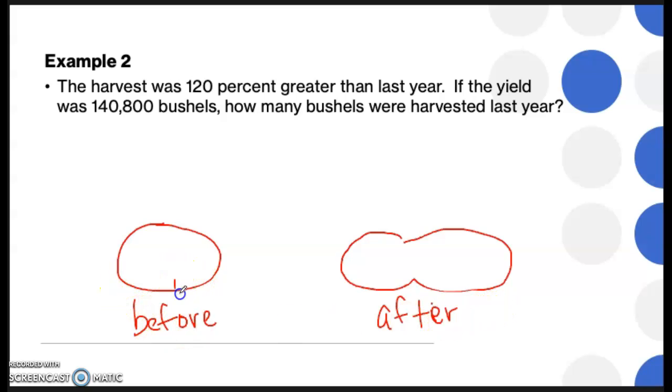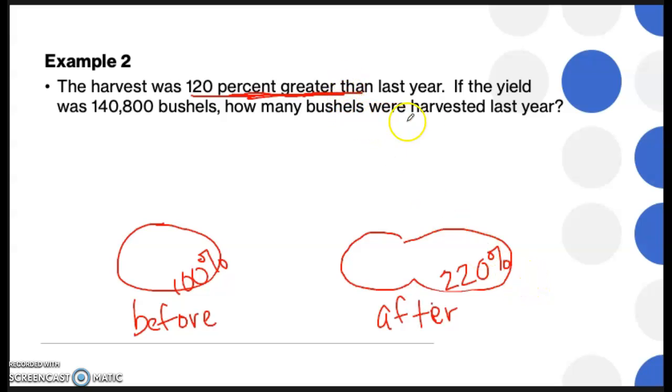So if last year is 100% and this year is 120% greater than that, that means this year is 220%. That is a catchphrase, greater than. If a percent is greater than the previous percent, if the percent is greater than 100%, you have to add 100 to it before we start doing the math.